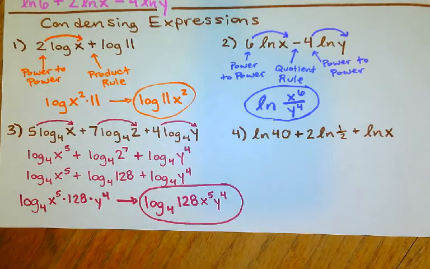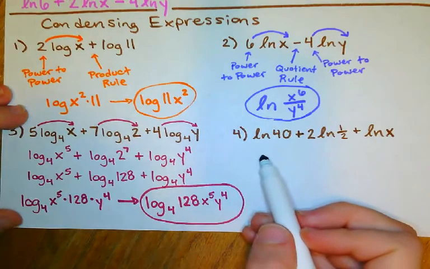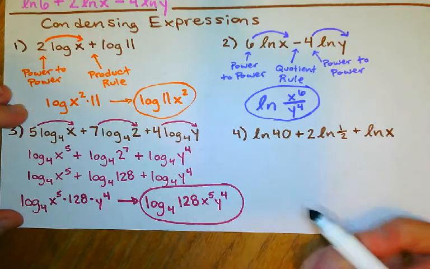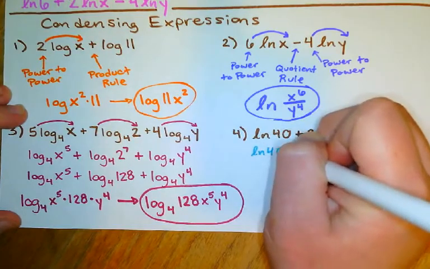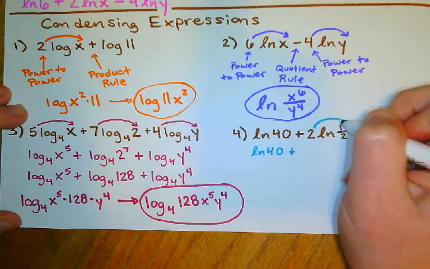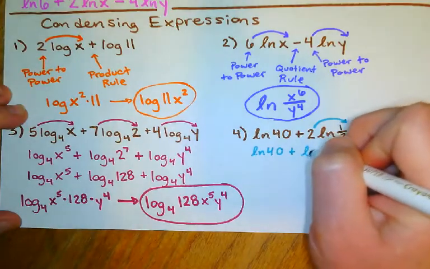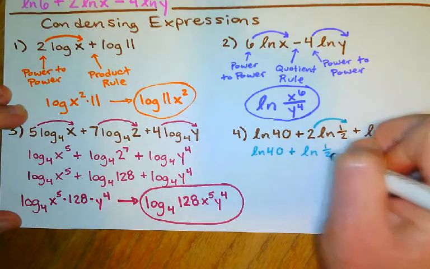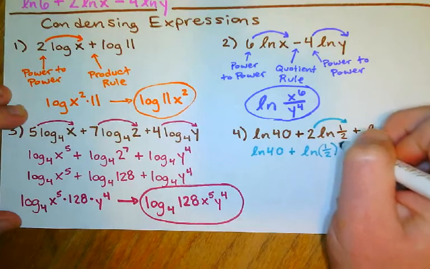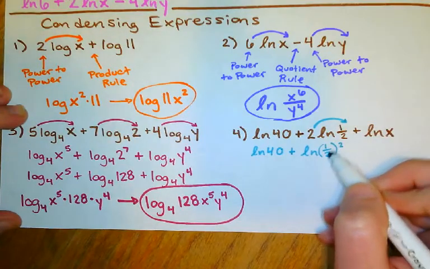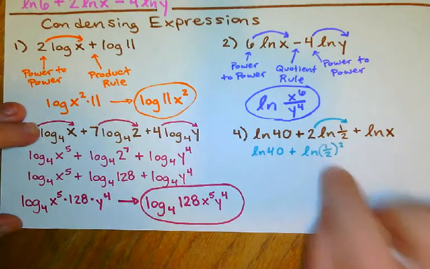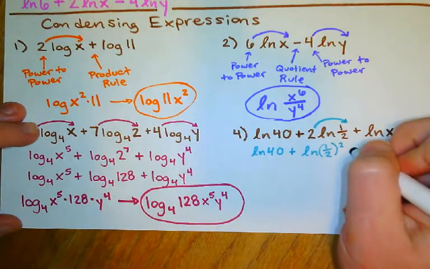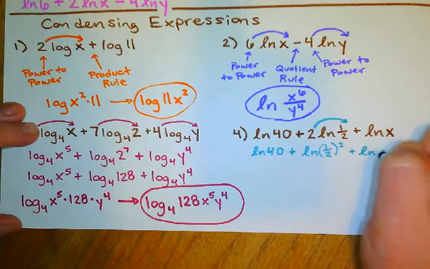Now, if we take a look at this, natural log of 40, there's nothing that we can do to simplify that. So I'm just going to leave it as natural log of 40 right now. I can move this 2. So we're going to have the natural log of 1/2 squared, and that squared is going to the whole 1/2, not just to the 1 or not just to the 2, but to the whole thing. So that's why I put parentheses around it, and then we've got plus natural log of x.